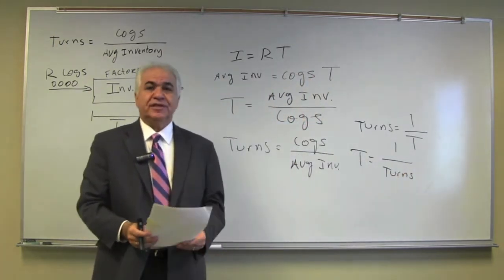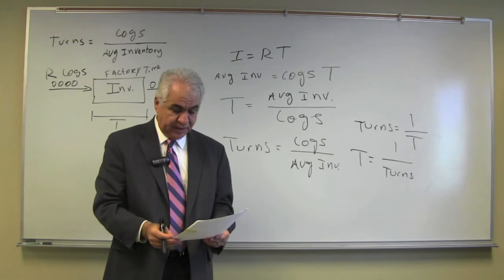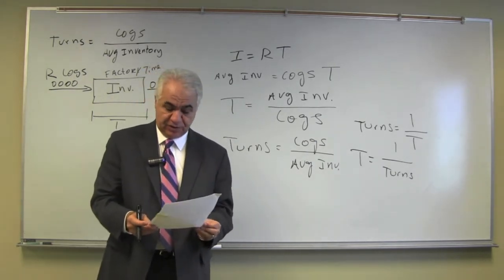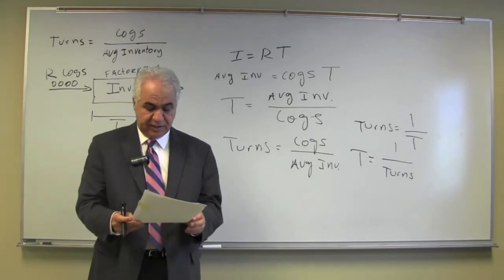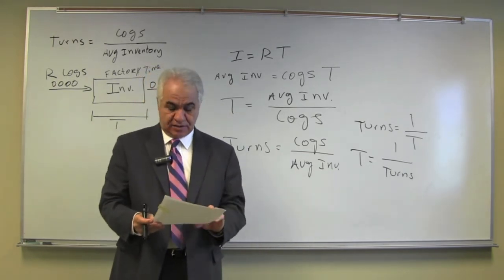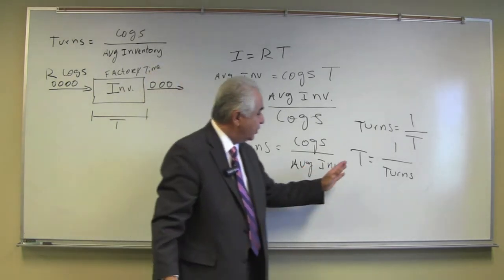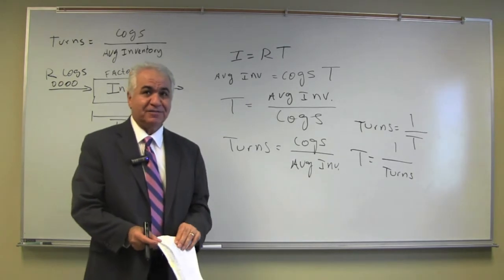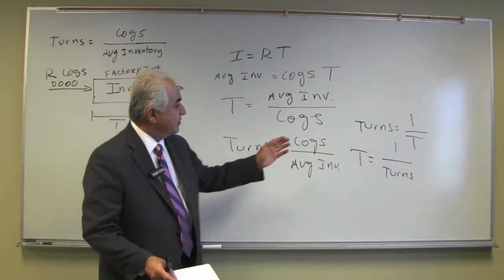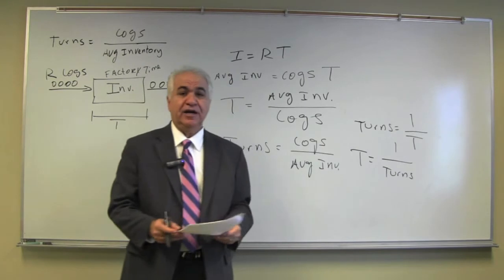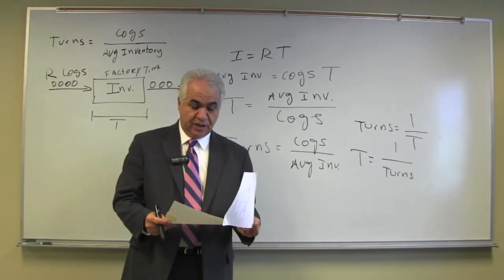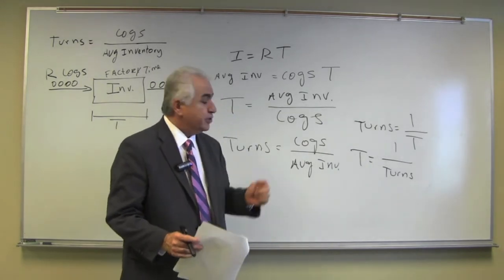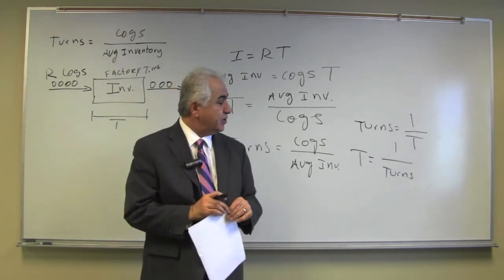This is a very interesting relationship, that inventory turns is the reciprocal of average flow time, and it's a good direct operational measure because we know that flow time is an operational measure of a process. So we're expressing turns in terms of a process measure. So we're going to use an example to see how this relationship works.